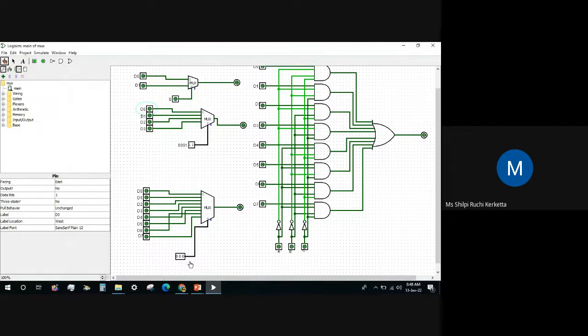So if we do 000 and if we click on this D0, only then it is working. If we do 001 and we switch on this D1, only then it will work. If we do 010 and we click on this D2, only then it will work. Okay, for any other cases, it is not working. So for the last case, we will click on this D7, and what is the combination for the last case? 111.